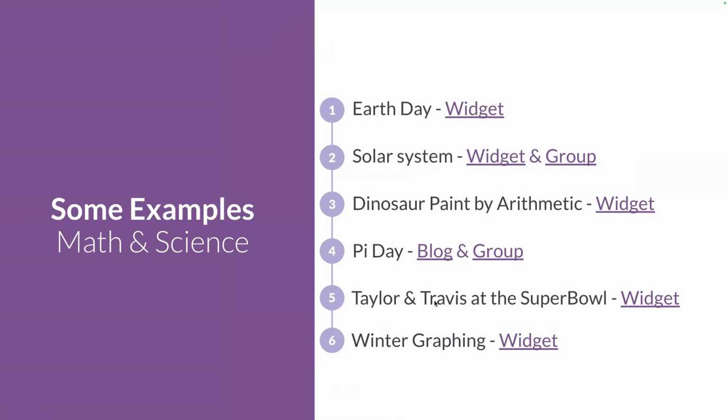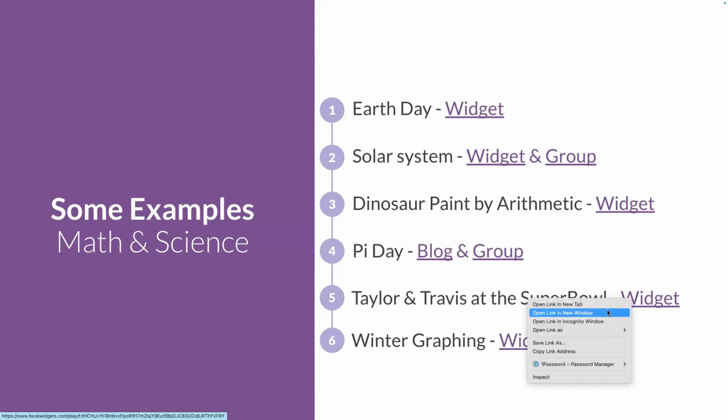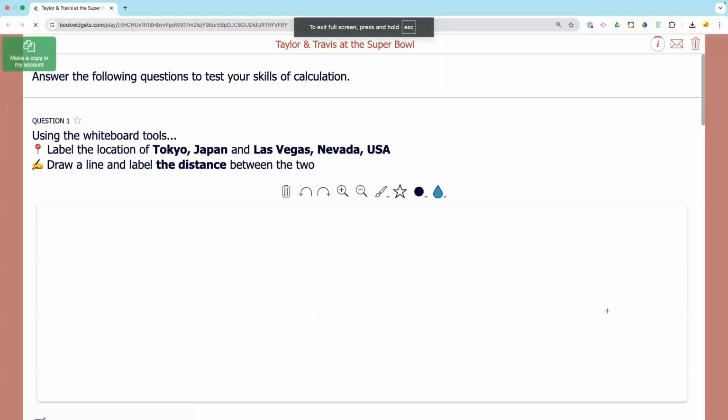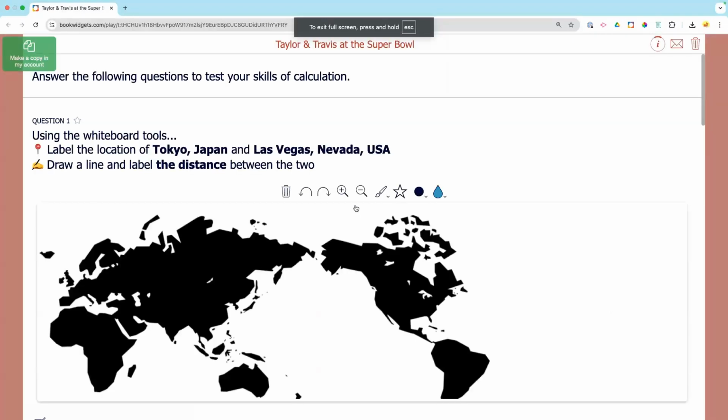Also thinking about themes in terms of current events and students practicing skills that are tied to topical information. So this particular widget is about Taylor Swift and her boyfriend Travis, the football player. So the big question last year was about, will Taylor make it to the Super Bowl where Travis was playing?